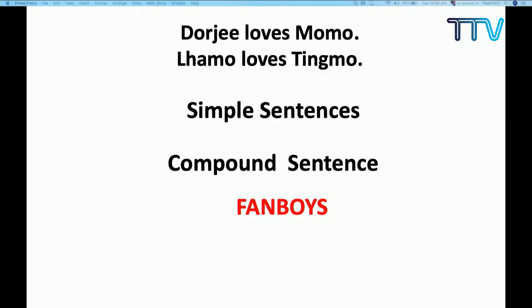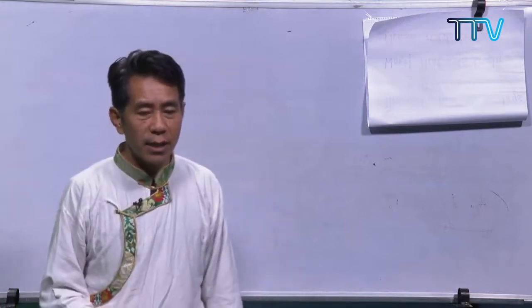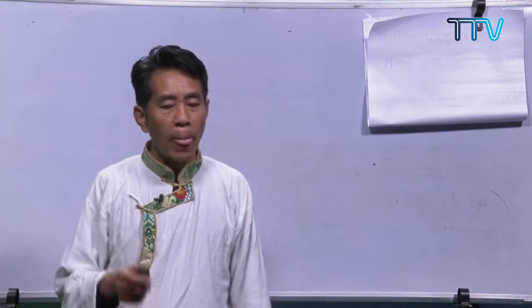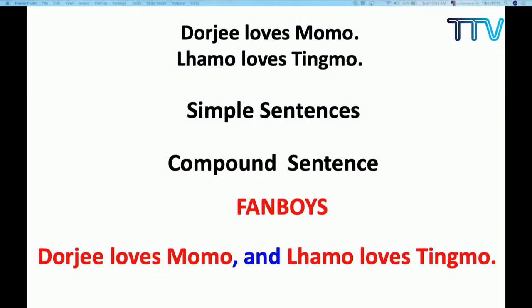FANBOYS, it's an acronym. It's made up of the initial letters of different words. For example, F for, A and, N nor, B but, O or, Y yet, S so. Now, by using these, we can combine sentences. For example, Doji loves Momo and Hamo loves Tingmo.